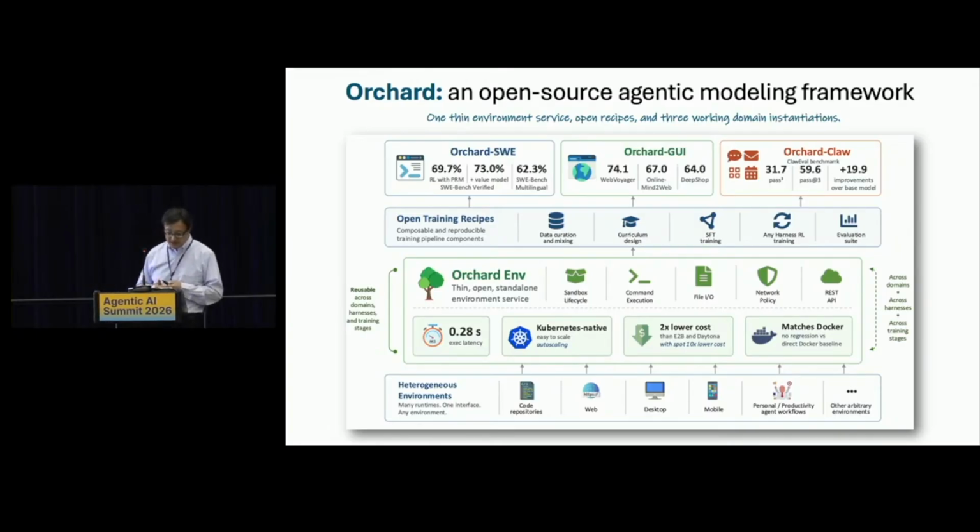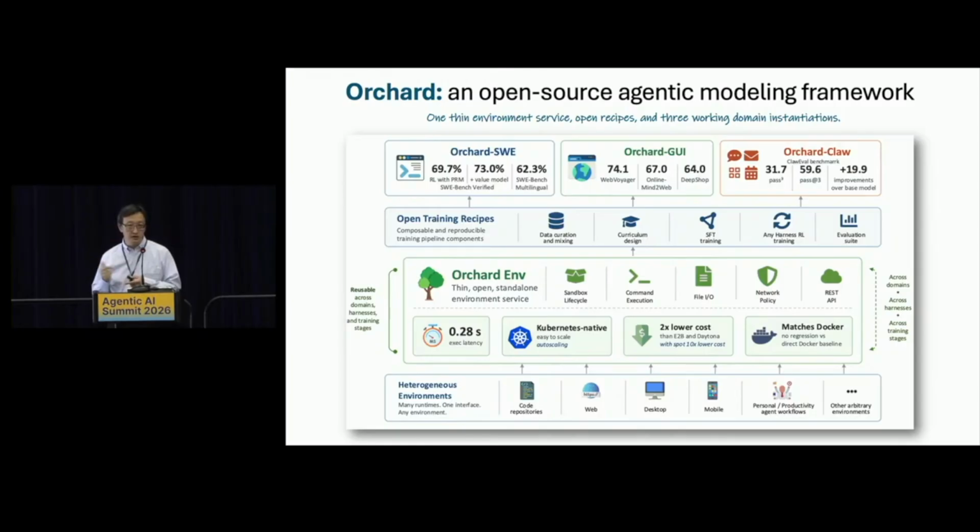We know that despite the rapid progress in AI agents, the open research on agentic modeling remains constrained by infrastructure gaps. In the early days of pre-training, as long as you have access to the internet, there's no lack of training data. You can grab the training data from the web.